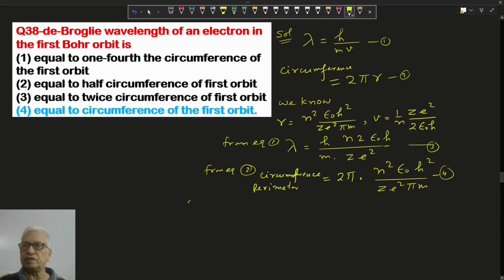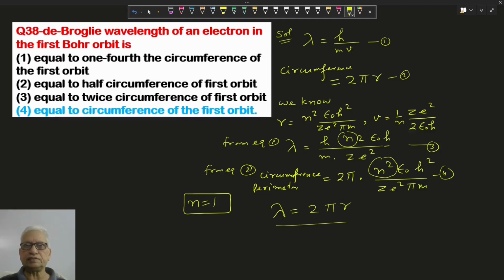So putting the value of n equal to 1 in equations 3 and 4, both are the same. So we can say lambda equals the circumference. So option 4 is correct. It is only possible for the first orbit.